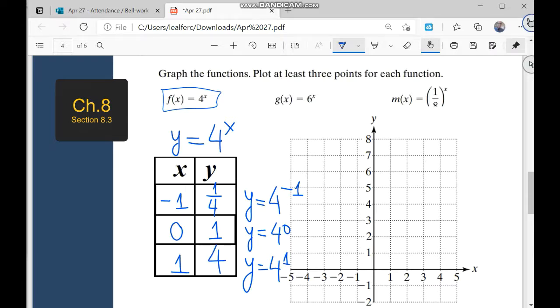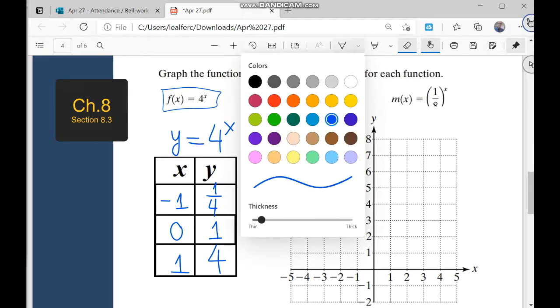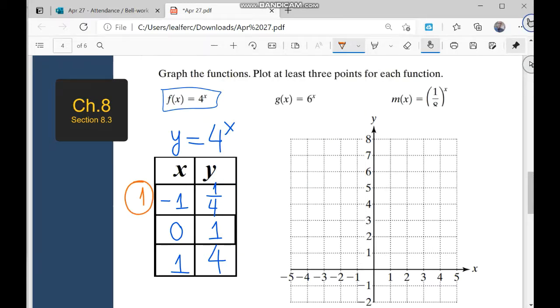Now we have our table with 3 points. All the 3 points have the coordinate x and y. We can plot those points in the graph. The first point, x equals negative 1. Negative 1 is here. This is x equals negative 1.